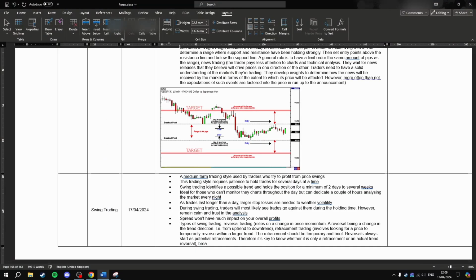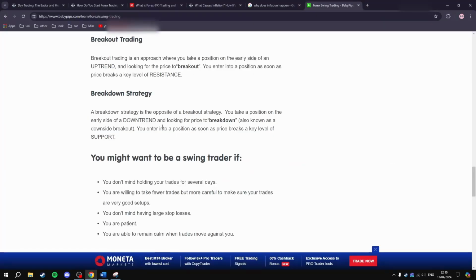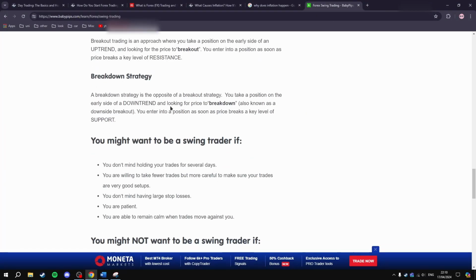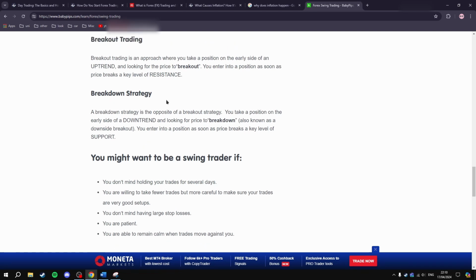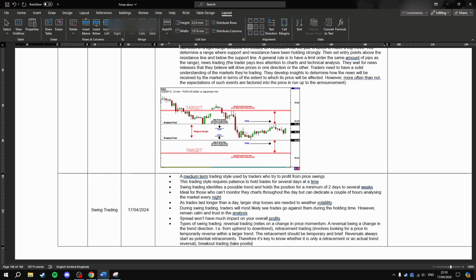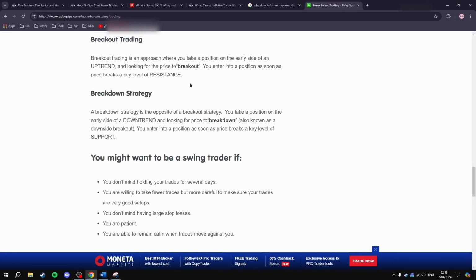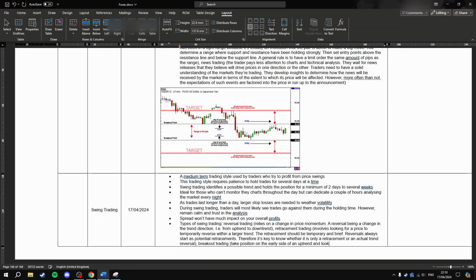Breakout trading. Breakout trading is an approach where you take a position on the early side of an uptrend and look for the price to break out.